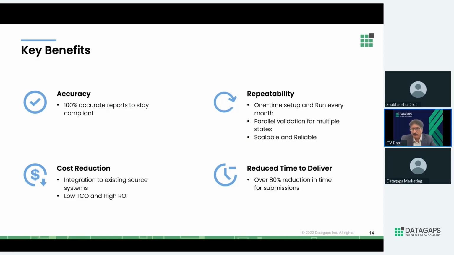It makes it easier. Parallel validation for multiple states. It's highly scalable and reliable. And because of that, you're talking of a reduction in time for submissions by almost 80%. And this also increases the integration. The cost reduction also adds up because you're doing pre-built integrations to the source systems.